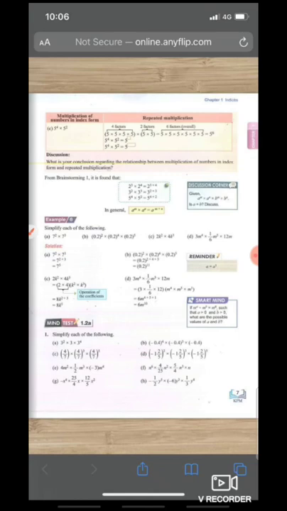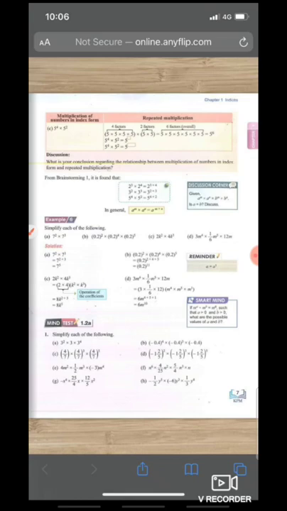So what do we get from the brainstorming here? What is your conclusion regarding the relationship between numbers in index form and repeated multiplication?